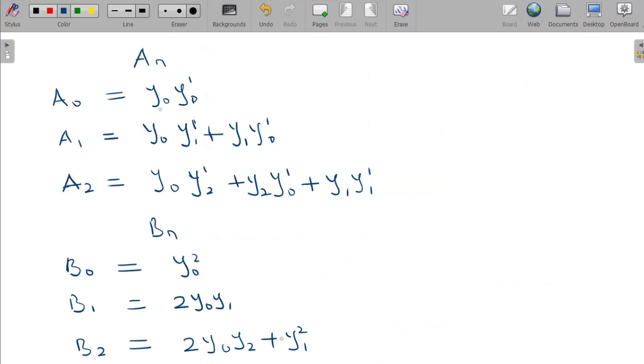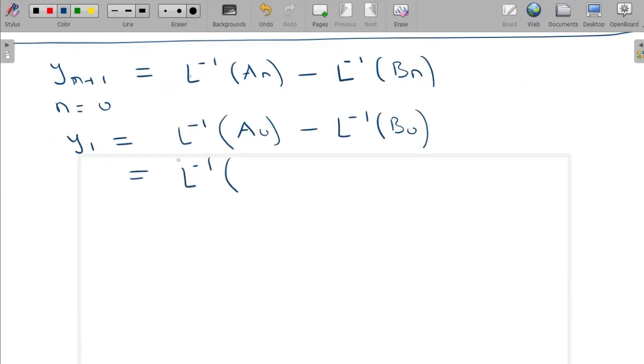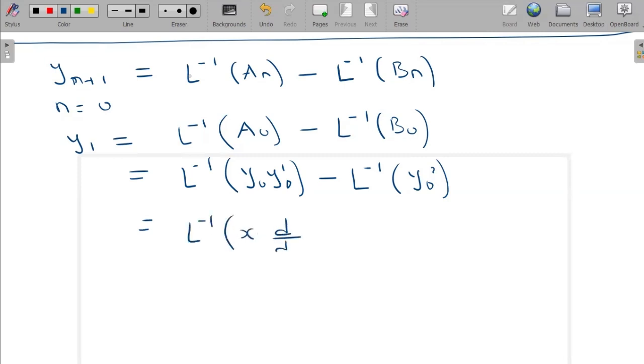This is our A naught, y naught y naught prime, then our B naught, y naught squared. So we have L inverse of y naught y naught prime minus y naught squared, and since y naught is x, this is L inverse of x times 1 minus L inverse x squared.